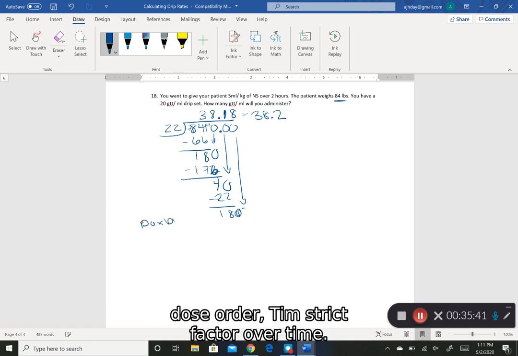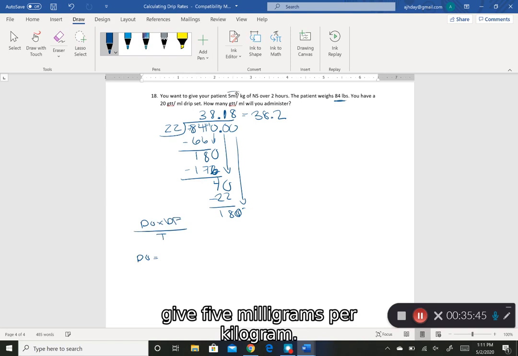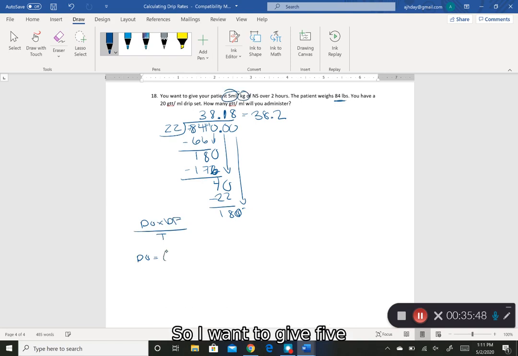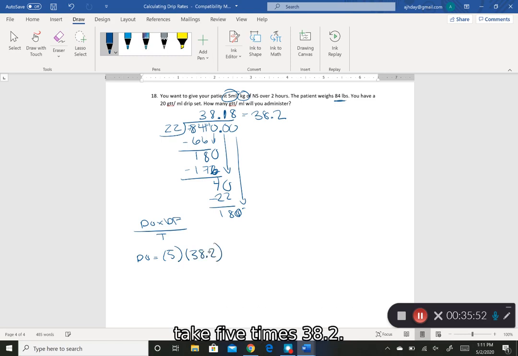Now, still using the same formula, dose ordered times drip factor over time. My dose ordered, I want to give 5 mLs per kilogram. So I need to take 5 times 38.2.